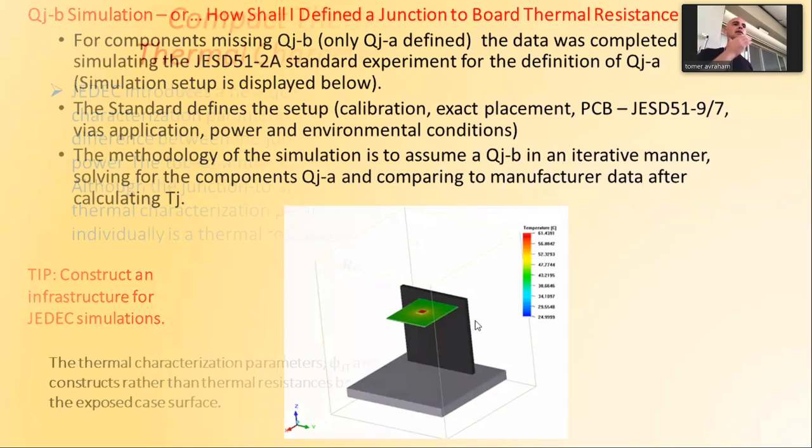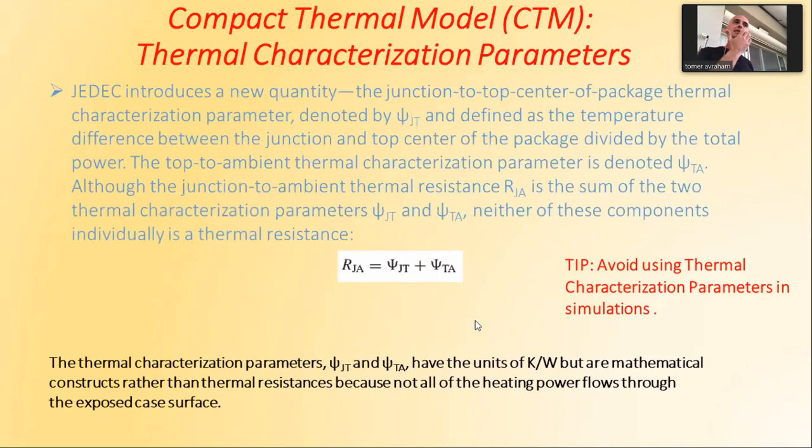JEDEC introduces a quantity known as the phi JT, phi TA. It's called the characterization parameter. Do not use this in simulation. Okay, this is not for simulation.